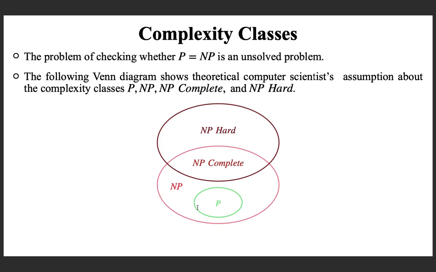But if someone comes up with a polynomial time deterministic algorithm for any of the NP complete problems, then all of this collapses to a single set. But no one knows whether it is possible or not. But it's very unlikely, is what theoretical computer scientists believe.